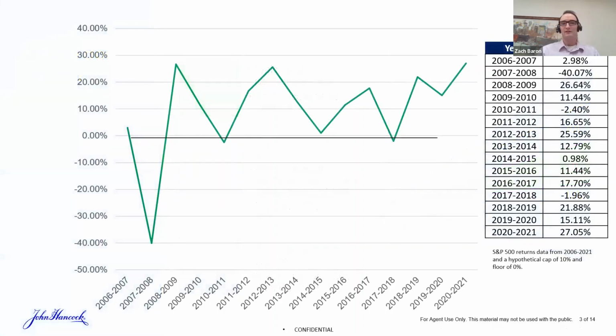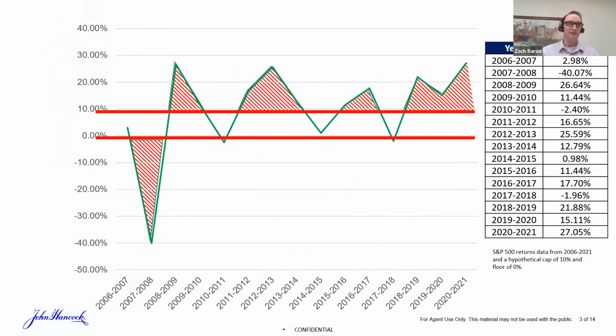Now, in practice, how does that work? If we go back to 2006, 2007, over the last 15 years or so, and look at how an IUL would have performed relative to the S&P, let's say we have a 10% cap. You would have been in that very narrow range of outcomes, whereas the S&P in a lot of years would have been well above that, or if we look at 2008, well below that.